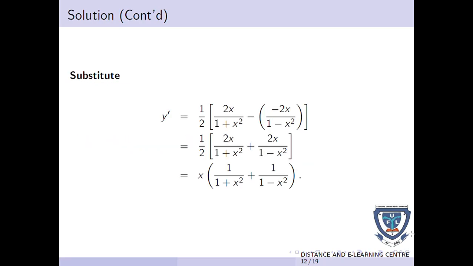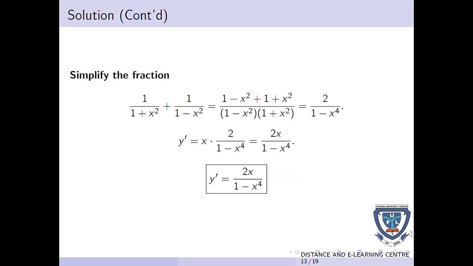By the time you substitute, you are going to have x in bracket 1 over 1 plus s squared plus 1 over 1 minus s squared. By the time you simplify the fraction, you are going to have that y prime will be equal to 2x all over 1 minus x raised to the power of 4.